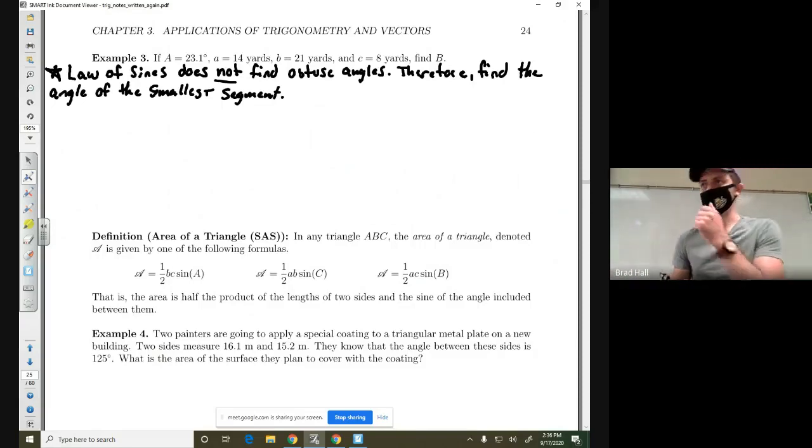Because there's no way there's going to be more than one obtuse angle in any given triangle. That means by picking any segment that's not the largest one, you guarantee that it is acute, which means you will not have to worry about this issue.